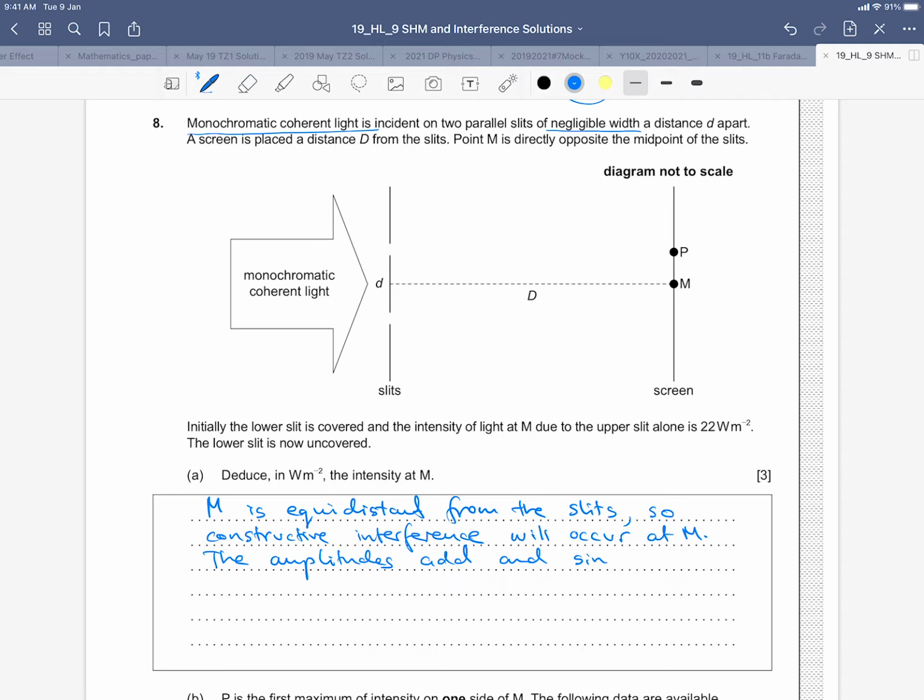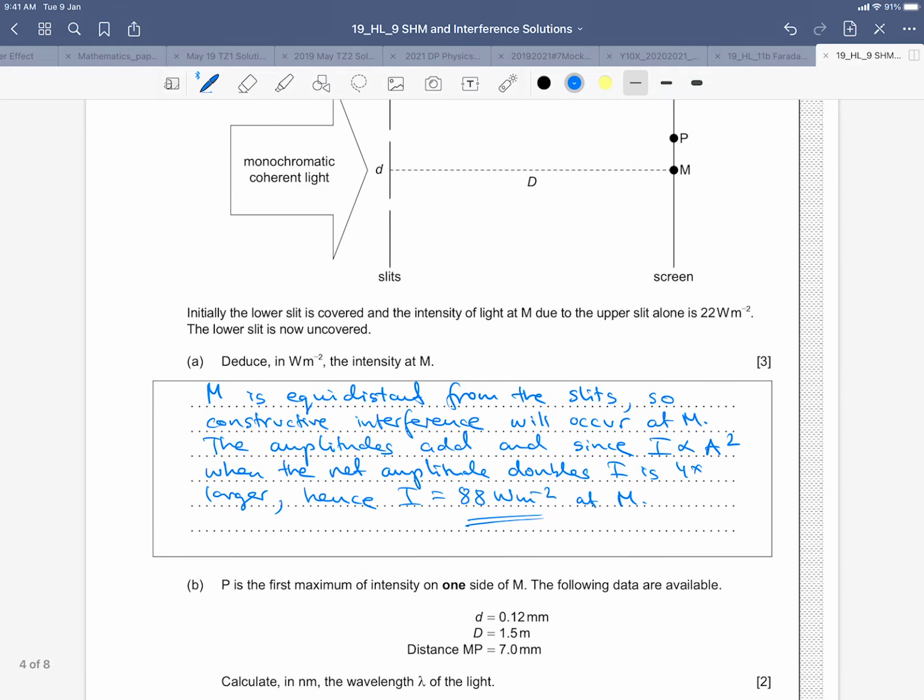Since the intensity is proportional to the amplitude squared, when the net amplitude doubles, I is 4 times larger, quadruples. Hence I is going to be 4 times 22, 88 watts per square meter at M.